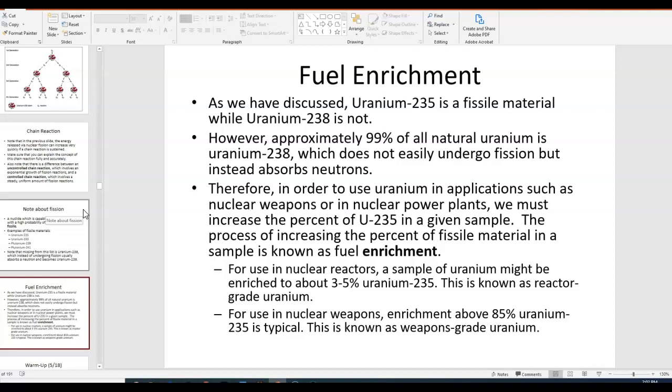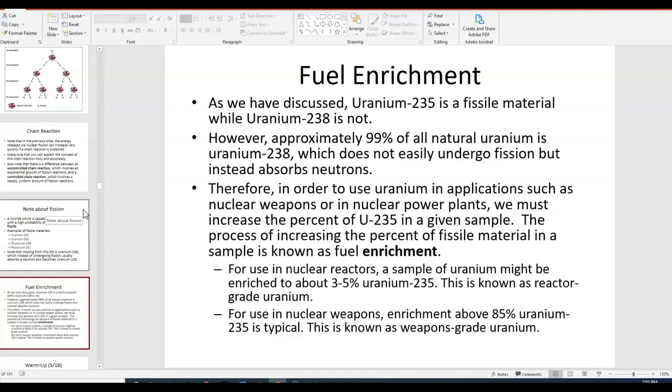One of the most common reasons is that the half-life of uranium-235 is much shorter than the half-life of uranium-238. A lot of the 235 that existed when the Earth was formed billions of years ago has already decayed away, while the half-life of uranium-238 is much, much longer, so it's still around. But again, 235 is fissile and 238 is not.